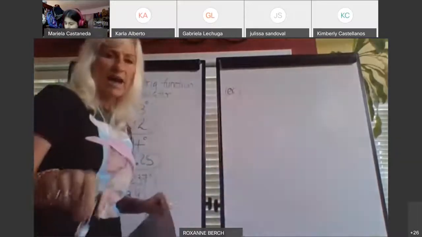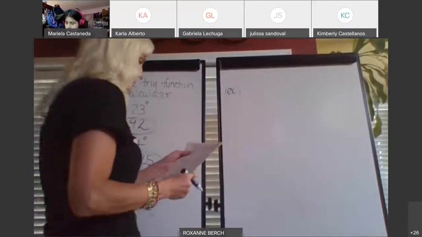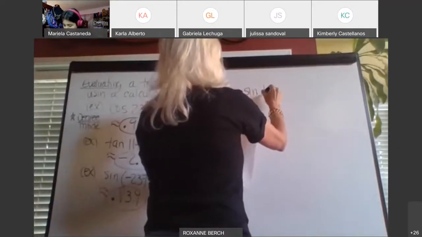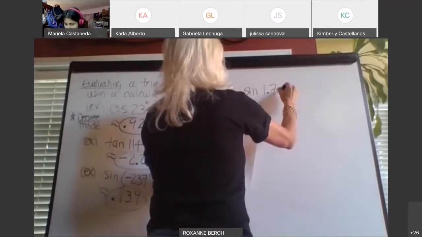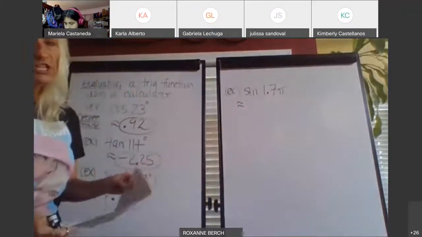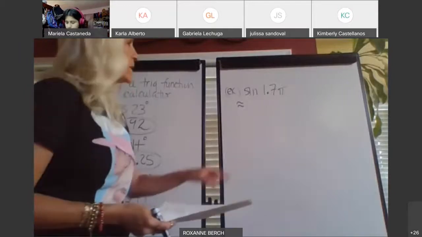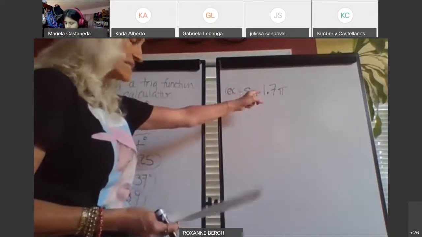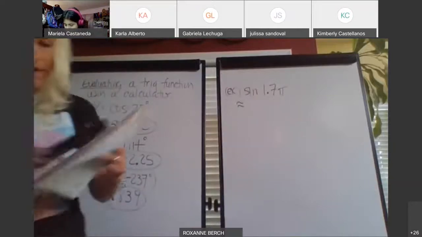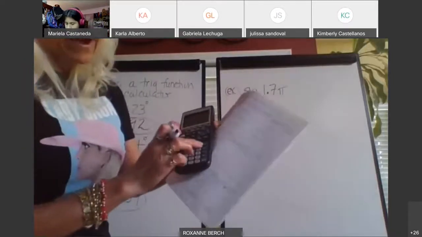Now change your calculator to radian mode. All right, so make sure your calculator's in radian mode. You're going to put in sine of 1.7 pi. And the pi key is second up arrow.